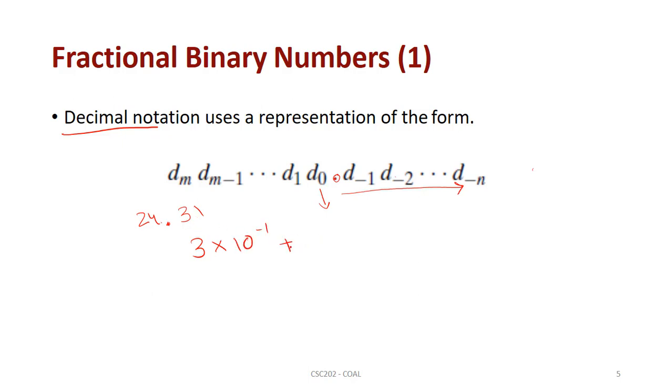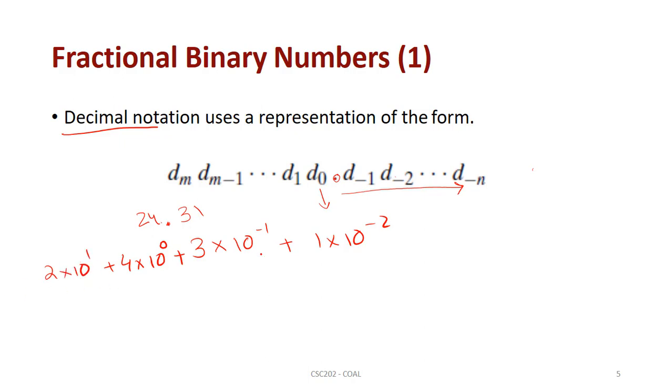Then we have plus 1 into 10 to the power minus 2. Then towards the left side of the point, we have 4, which will be multiplied by 10 to the power 0, and then we have 2, which will be multiplied by 10 to the power 1.